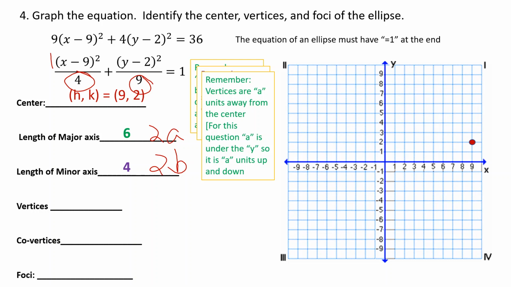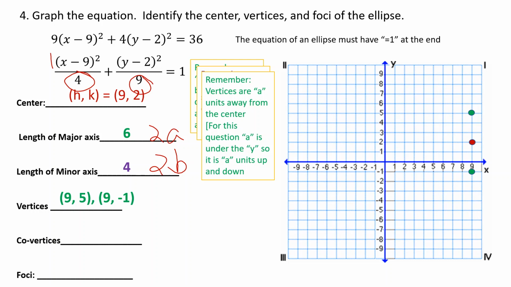In other words, 3 units up, 1, 2, 3, and then 1, 2, 3, 3 units down, and you put 9, 5, and 9, negative 1. So you put the vertices.